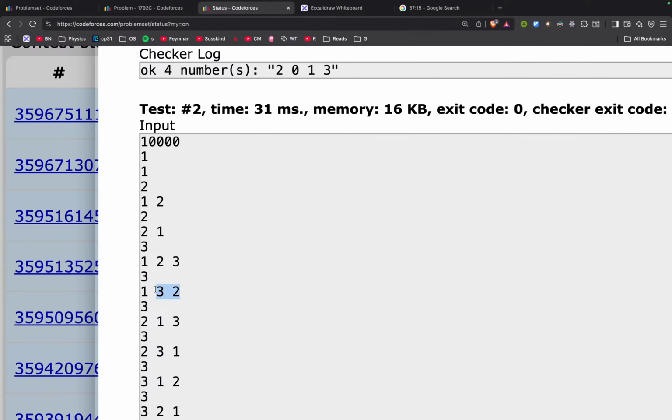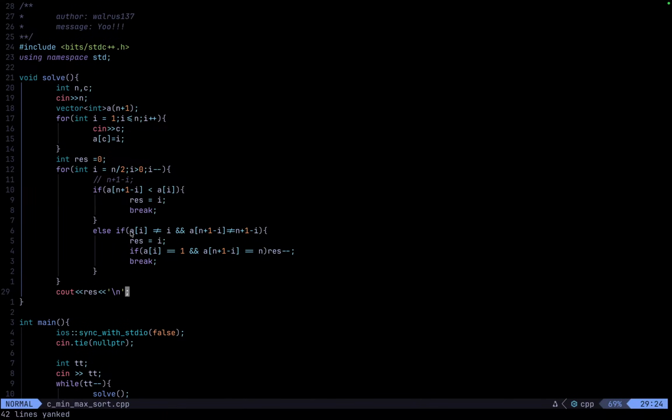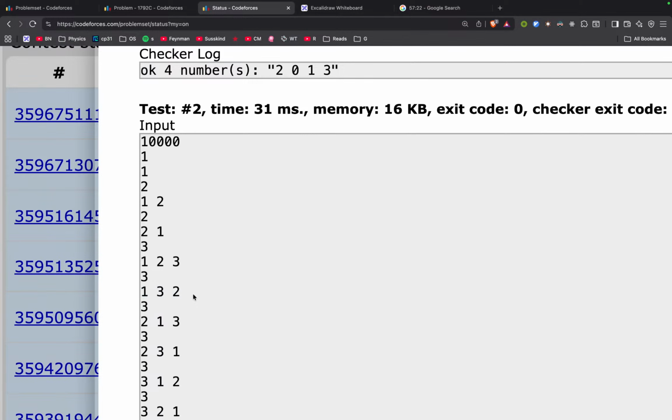Wait, here the answer should be... Okay, this gave wrong answer because of this condition. Wait, what? The actual answer should be choosing the pair 1 and 3. Yes, choosing the pair 1 and 3 should be the correct answer.